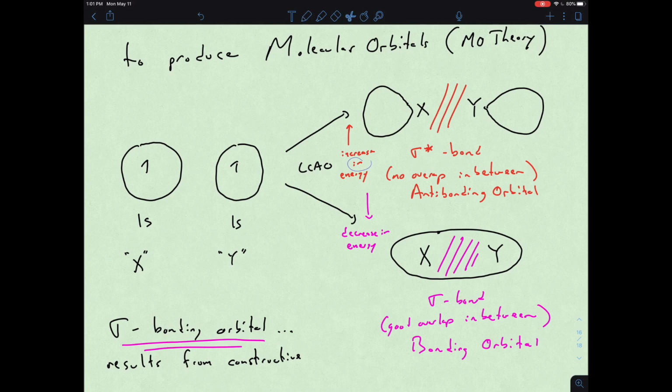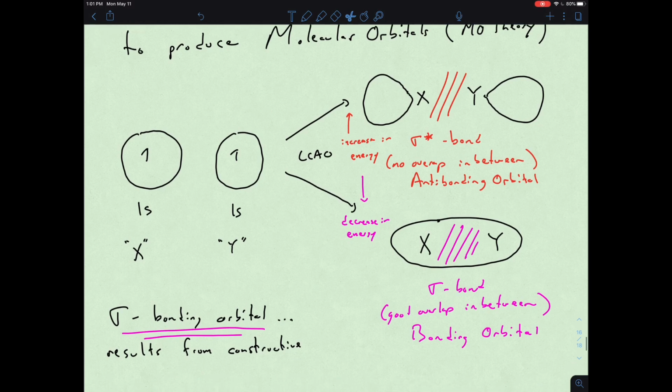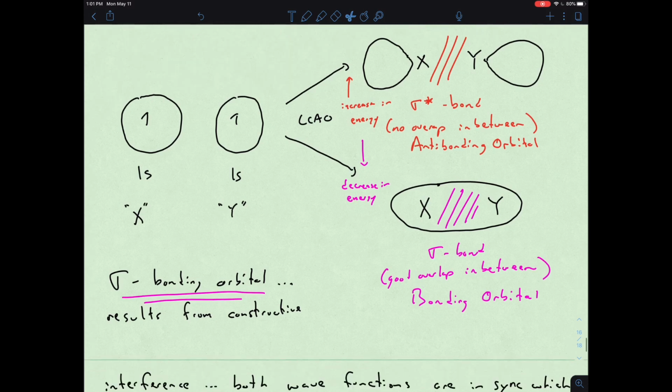So that's the idea of MO theory, combining these orbitals in such a way where we have something that's productive, which is bonding, but it can't be all productive. There's a bad side of it too, and so that's the anti-bonding orbital, which is not productive in terms of bonding electrons.